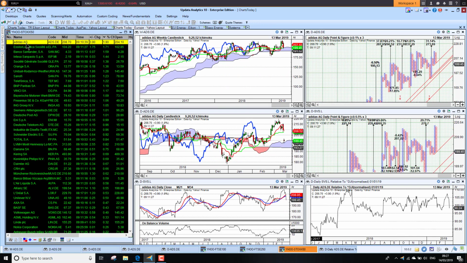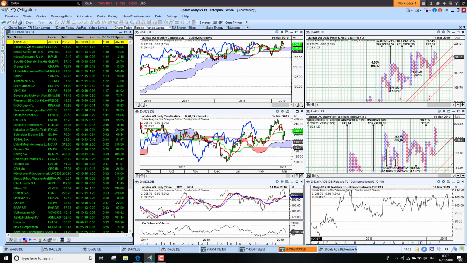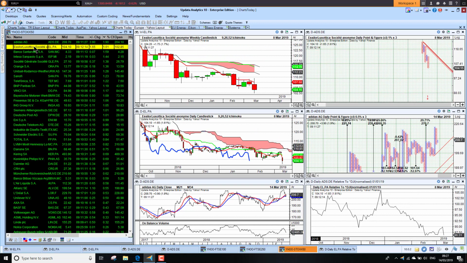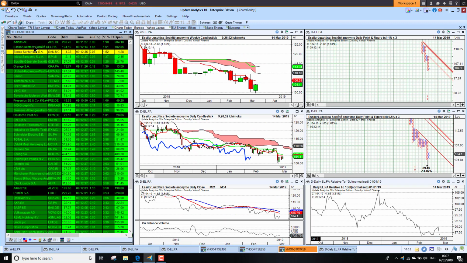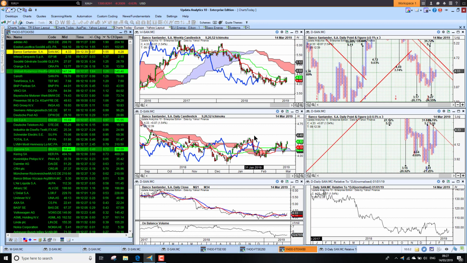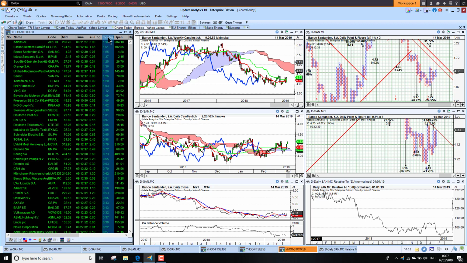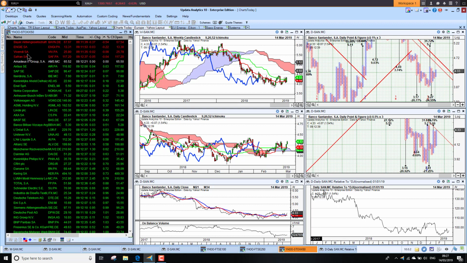Adidas have had a pretty tough time, warning on the outlook for sales for them, but actually the stock has held up pretty well, and EssilorLuxottica in Paris is looking pretty bearish, but they're up this morning 1.6%. Banco Santander up 1.5%. So interestingly, we're just starting to see some of these stocks going through the recovery. Looking at the downside, we've only got 4 stocks down in the Euro Stoxx 50 in Europe.